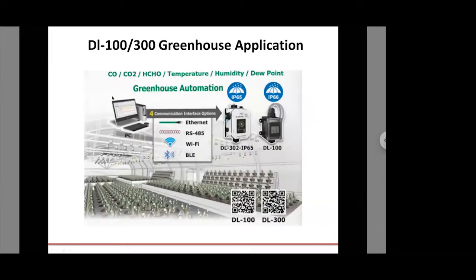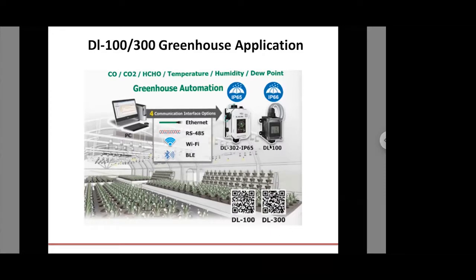But let's look into an application for our DL100 and DL300 series. So, like I said, the application that we see these in the most is a commercial greenhouse application, and so you can group these modules into zones and get humidity and temperature readings from each zone.